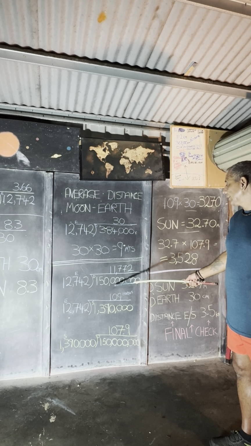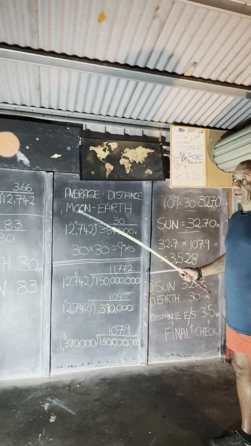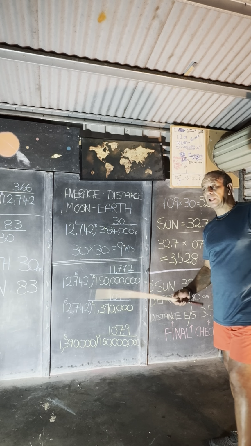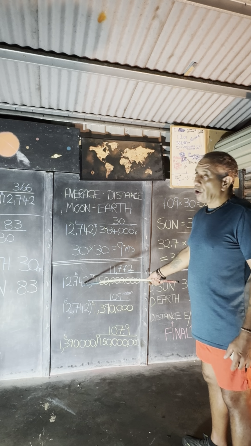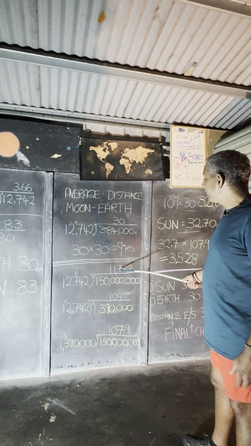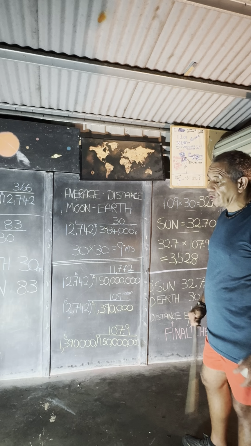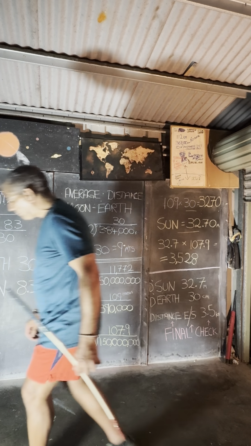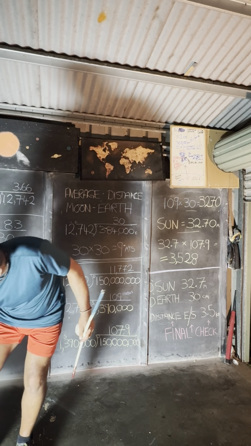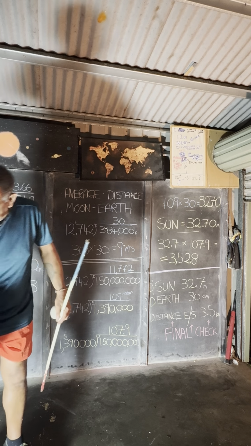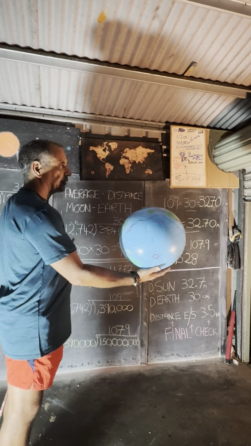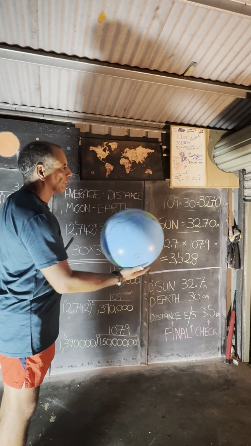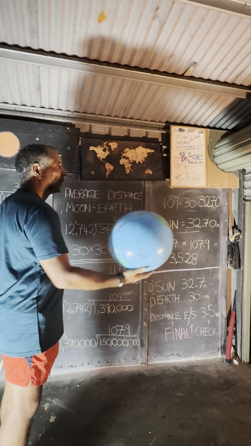If we divide the distance, the 150 million kilometers between us and the sun, by Earth's diameter, we get 11,772. So there are 11,772 of these in between us and the sun. 1, 2, 3, 11,000 of them.